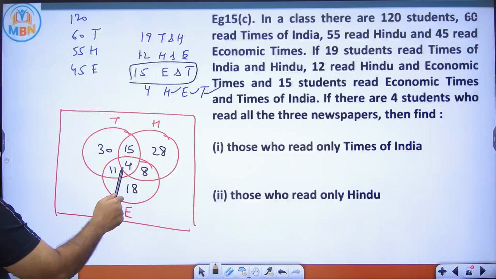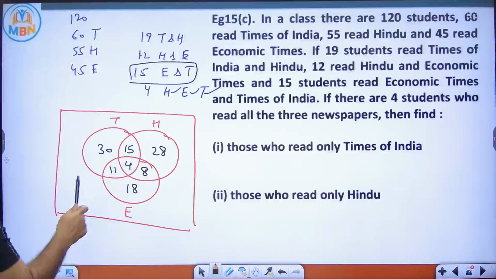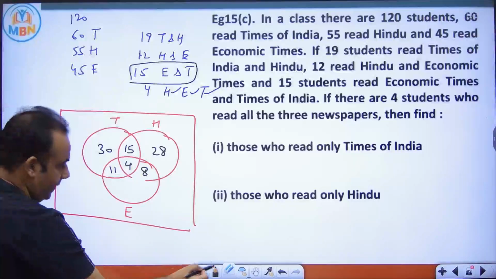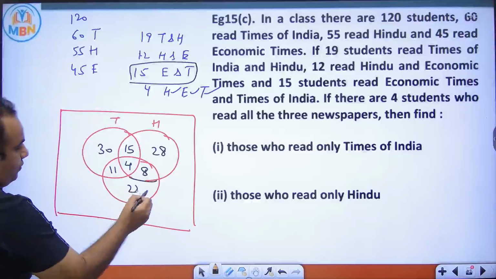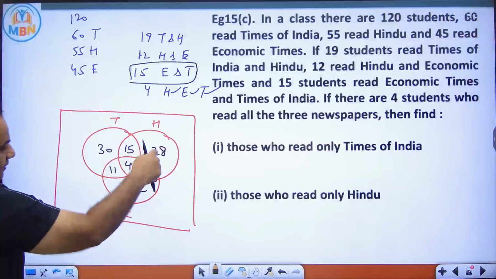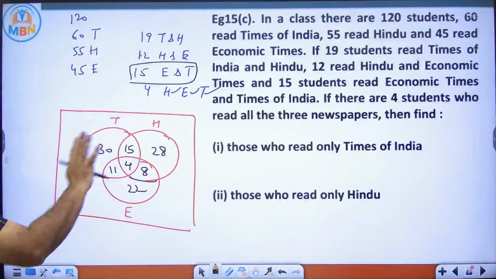This is the mistake. 8, 4, 12, 11, 23, so this should be 22. 55 read Hindu, so this should be 55, with 28. 60 read Times of India, this is 60. Okay. So now the data is perfect.